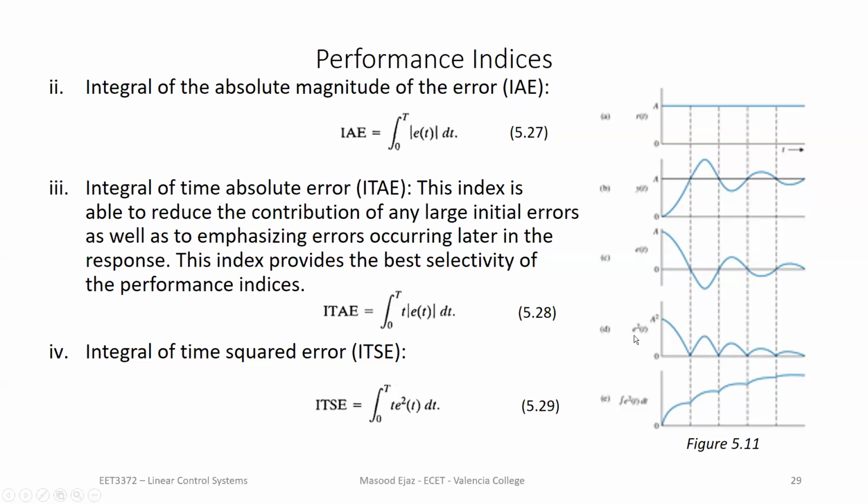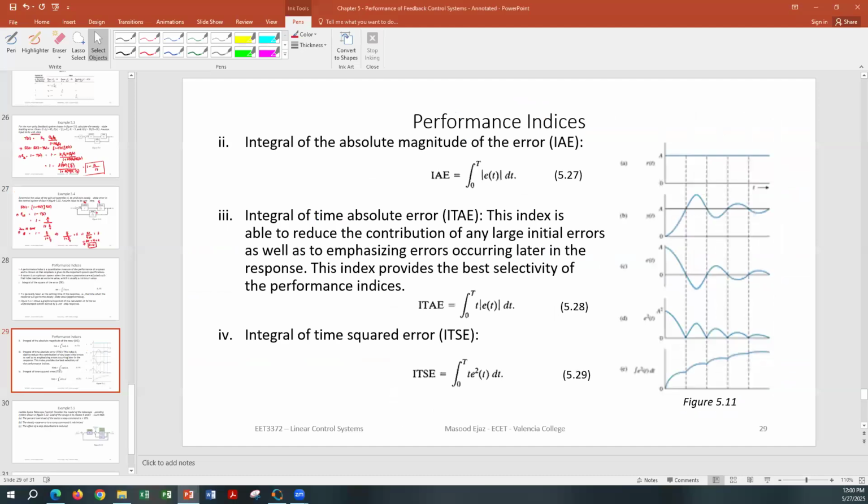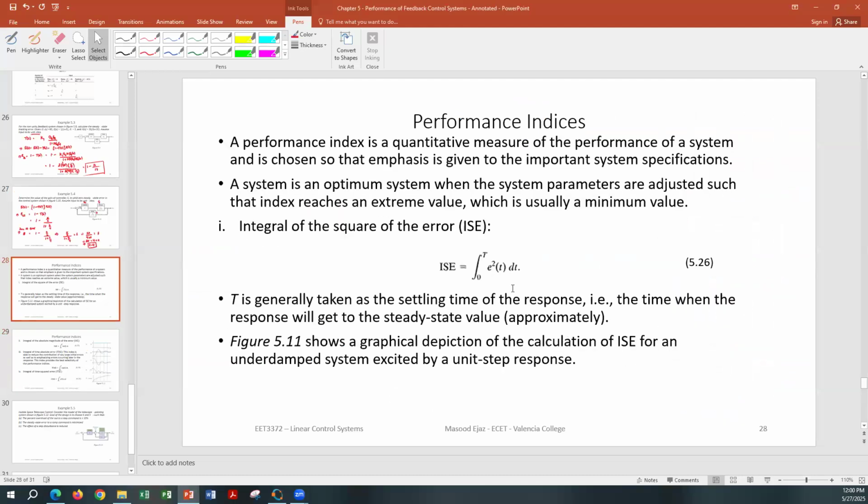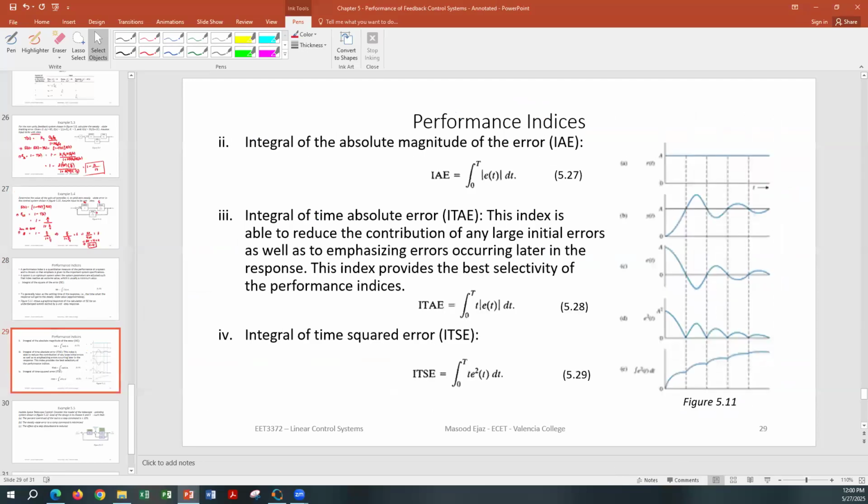And then this is e squared t, right here, and this is the integral of e squared t. So this is the error that is here, the integral of the square of the error.